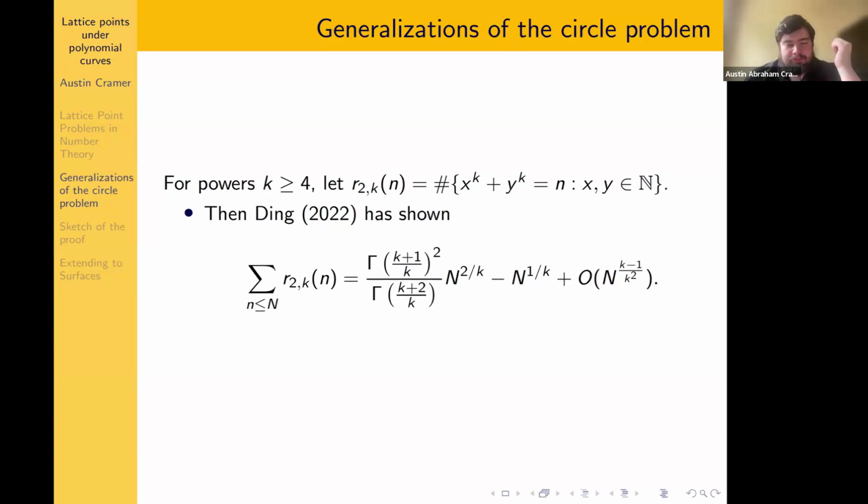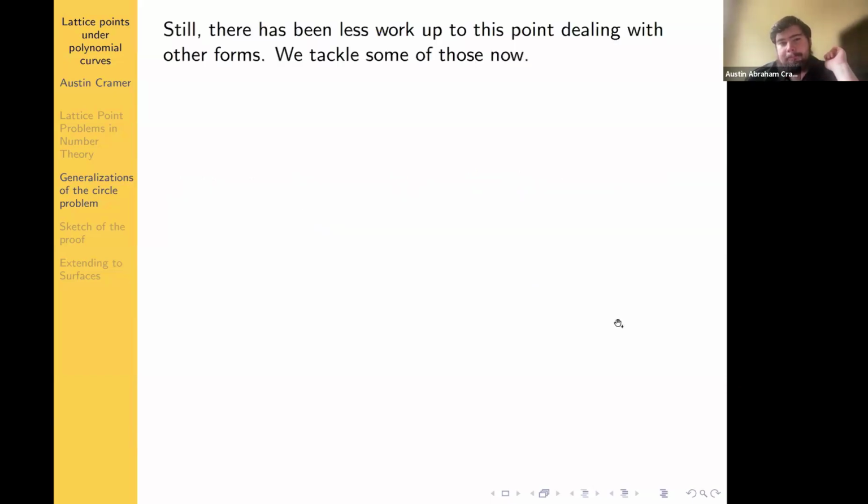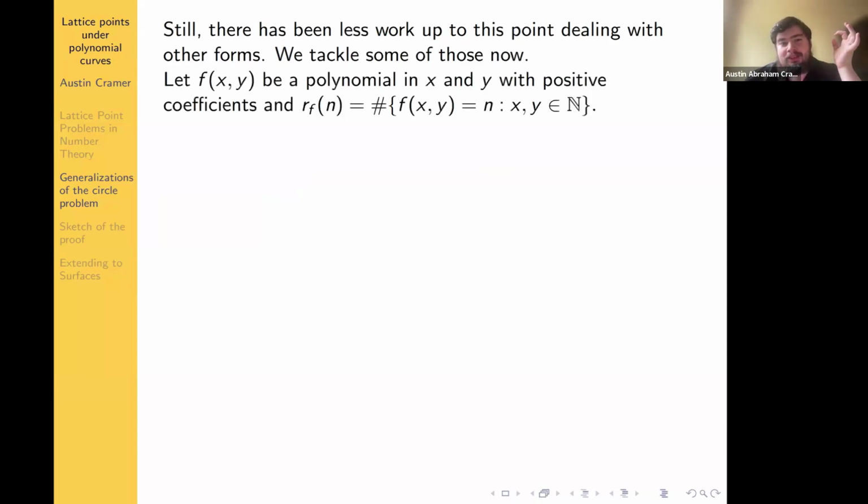Okay, so that's two squares and two cubes. But as I've been looking at this, I've found a lot less on other polynomials and other forms for these similar averages. So I've taken up some of those and I have a couple of results to share.